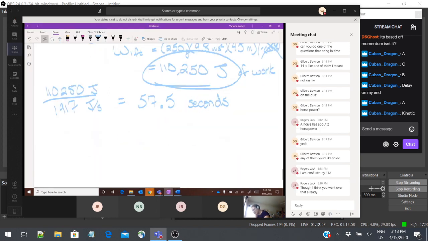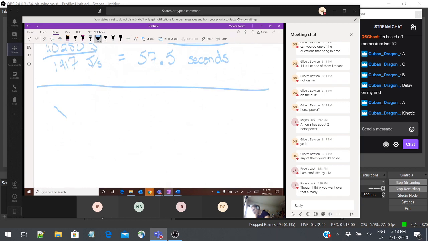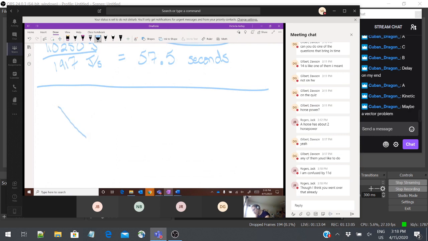So we have a car and a loop-de-loop, and it starts at this height, 2r. This is 2r.